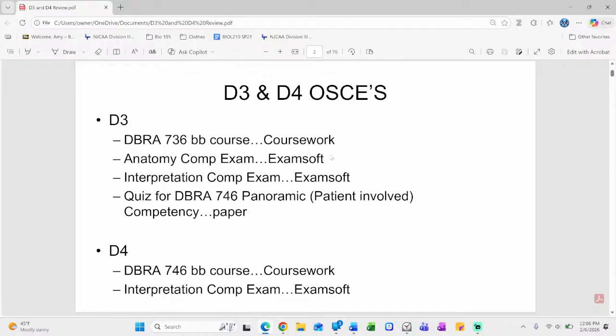Also, D3s, I'm going to give you that quiz for your D4 panoramic comp so that you'll have that paper portion finished, because once you have finished all the comps in your D3 year, you may begin your D4. So I'm going to give you that written quiz. That helps in the delivery of the real patient panoramic comp.